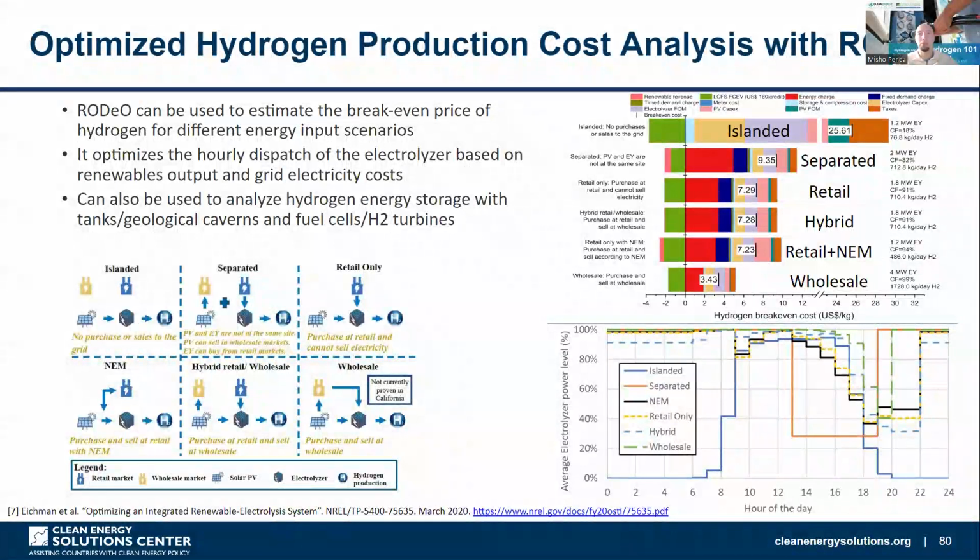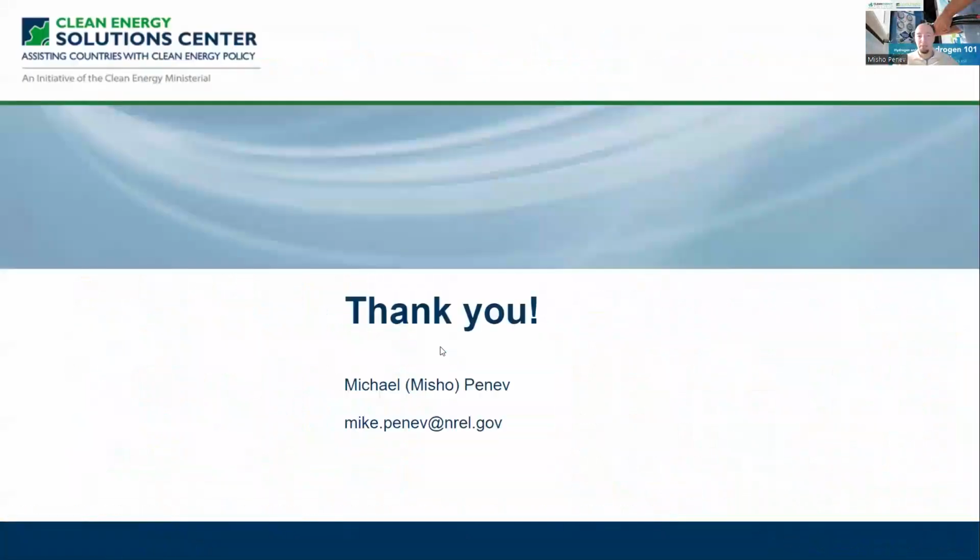Typically you would need to purchase one of these solvers to integrate it with the model. There is quite a bit of a learning curve to using the model, but we have expertise at NREL and documentation that one can tap into. And that's my last slide. I think the next thing on the agenda is Q&A.